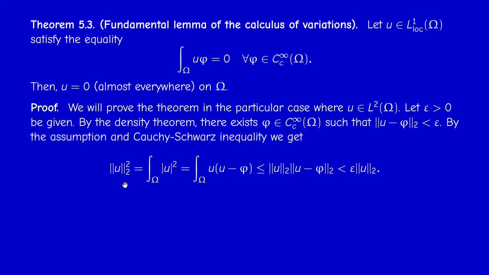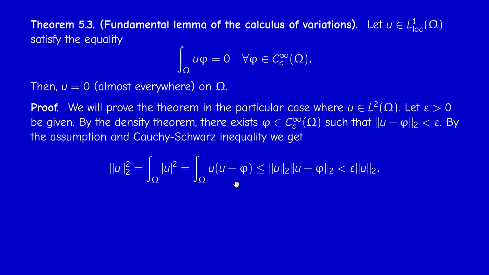Now if I go back to the definition, the norm 2 of u squared is by definition the integral over omega of u squared with respect to the Lebesgue measure. Usually we skip it because it's clear from the context. Now I write u squared as u times u, and since the integral of u phi is 0, the integral of u squared is just the integral of u times (u minus phi).